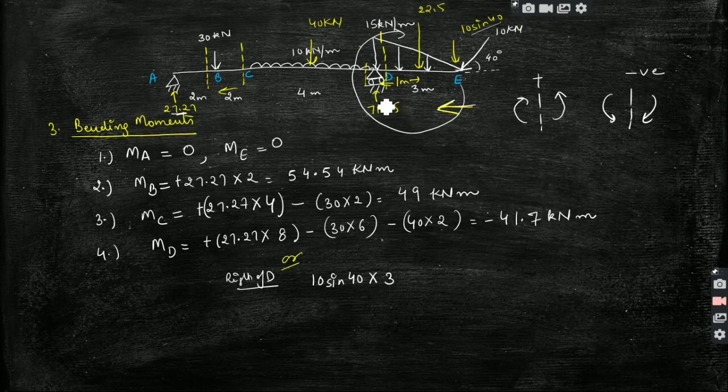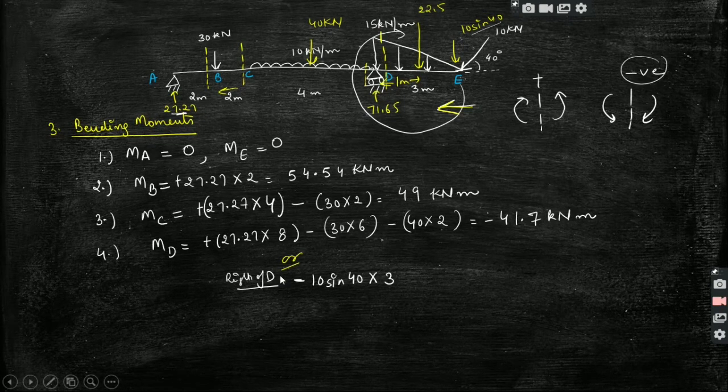Because now we are looking at the right hand side of the beam, not the left hand side. This is the right hand side of the section which we have made just to the right of D. When we are looking at the right hand side, we know from the sign convention that clockwise moments on the right hand side are taken as negative. So we will apply a negative sign.